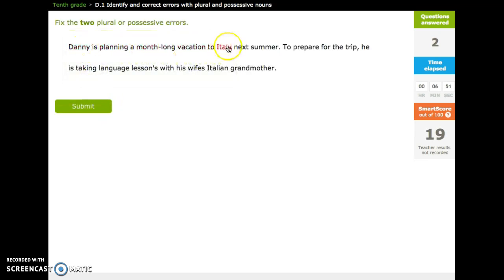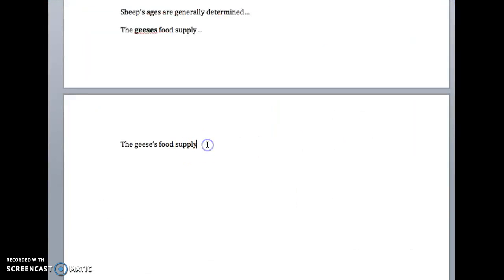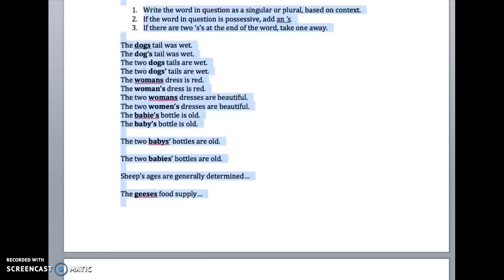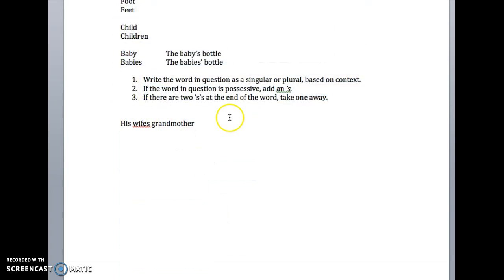Danny is planning a month-long vacation to Italy next summer. To prepare for the trip, he is taking language lessons with his wife's Italian grandmother. Okay, the lessons don't own anything, so that should be relatively easy. But his wife's grandmother. Okay, so write the word in question as a singular or plural.